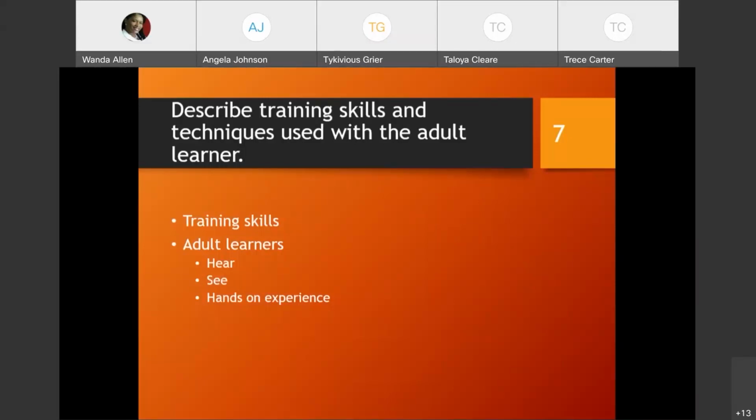You're more likely to keep them engaged, to keep their attention, and they're more likely to participate in the activities that you may have planned throughout the class session. In addition, trainers need to stay on schedule. Sometimes we can get off schedule, but it is necessary for us to stay on schedule and ensure the lesson plan is covered.